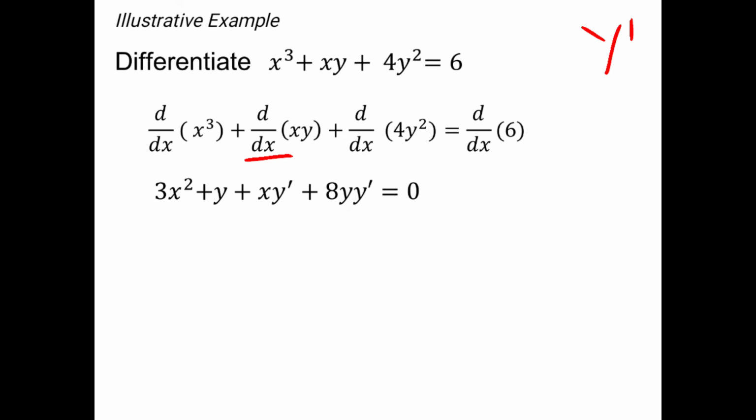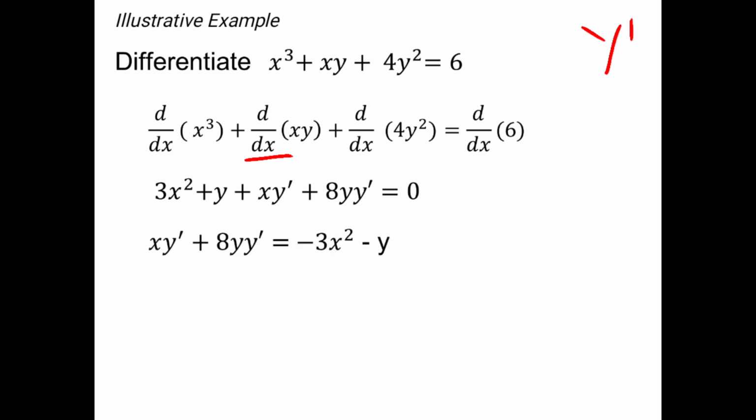Plus the derivative of 4y², we just use the constant multiple rule. So we have 8y, and then there's y' to indicate that we differentiate this term in terms of x, and then it equals 0. Why? Because the derivative of 6 is 0. We use the constant rule here.